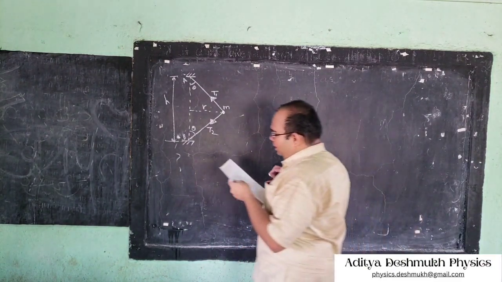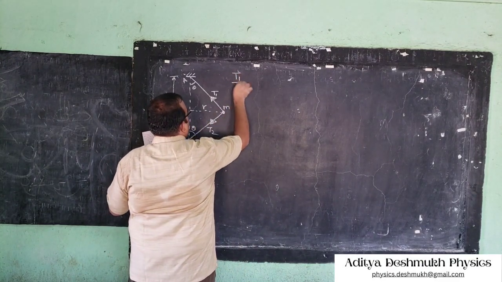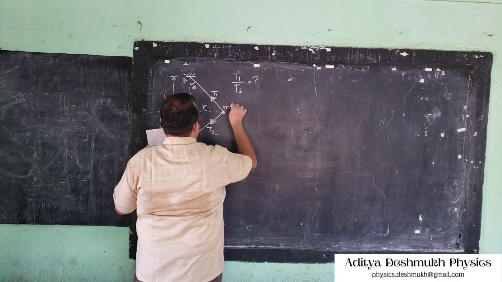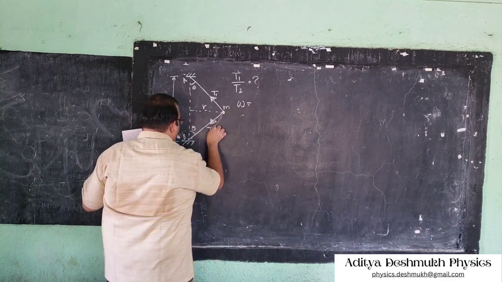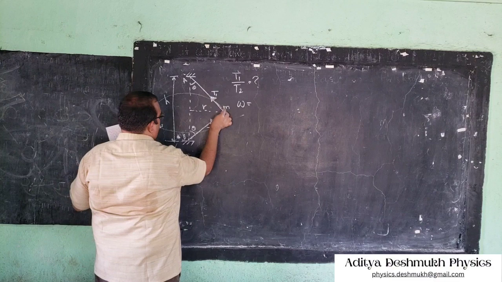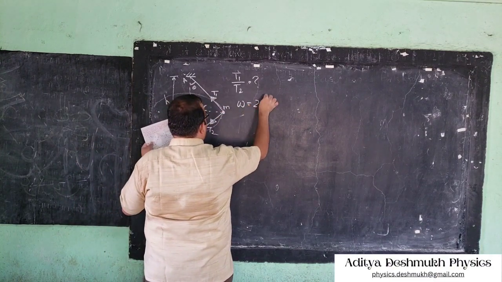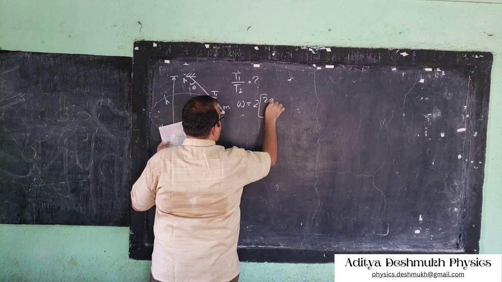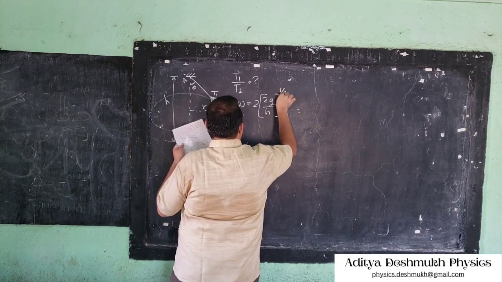So first of all, let me write what is asked. T1 by T2 is asked, and what is given? Omega, because this is covering some horizontal circle. So omega is (2g upon h) raised to 1 by 2.